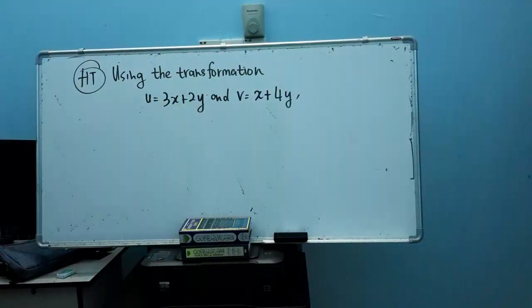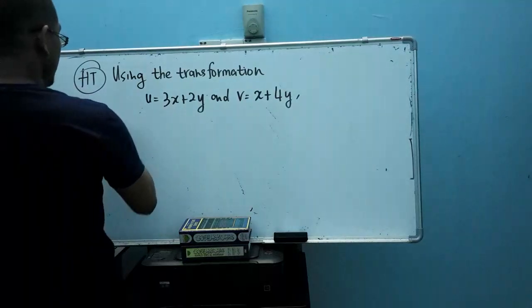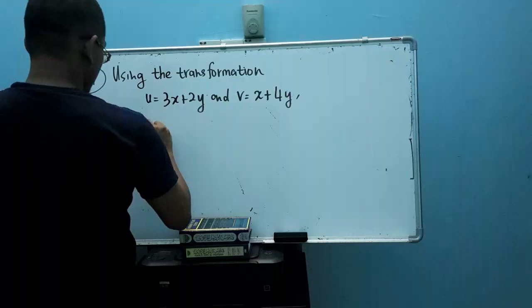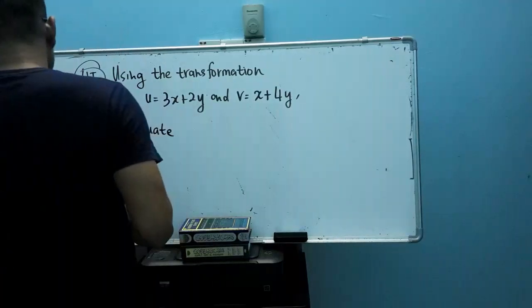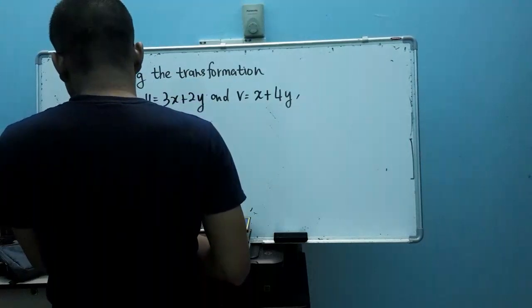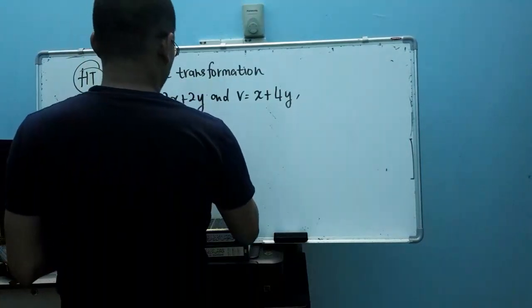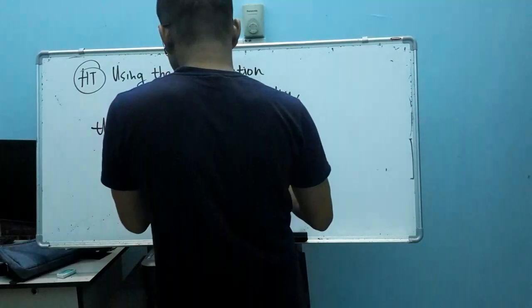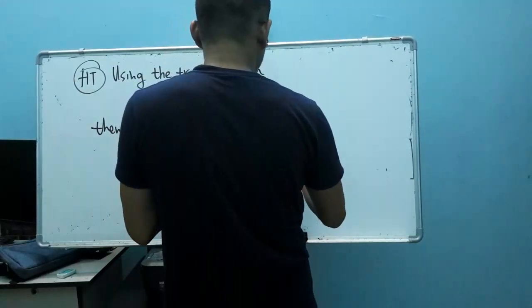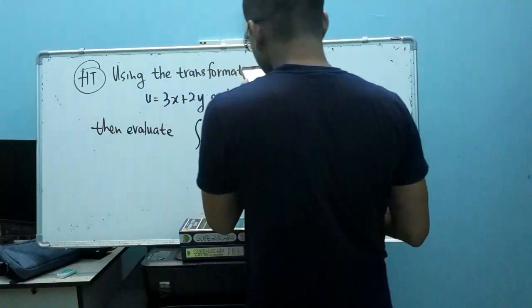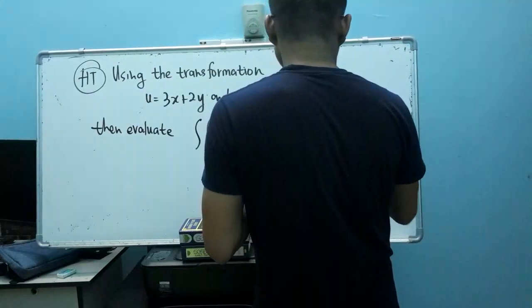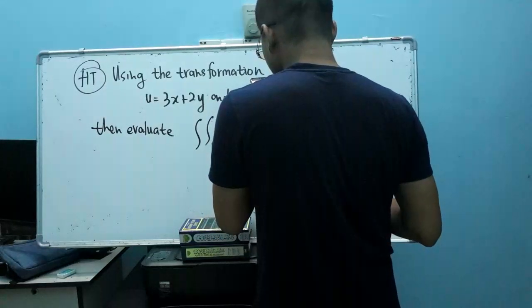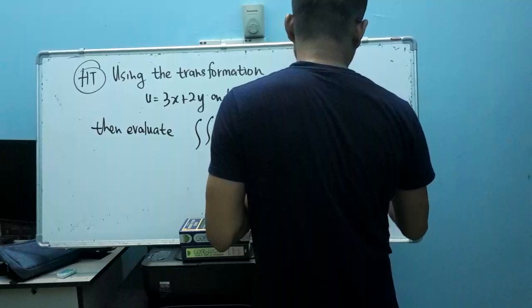Let me explain, so we will have this transformation. Then evaluate this one, plus 14xy, and then plus 8y squared, dA.